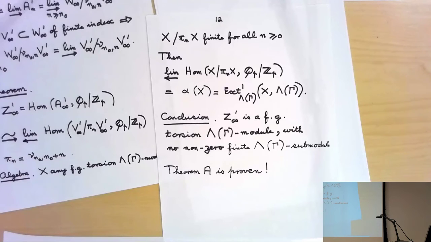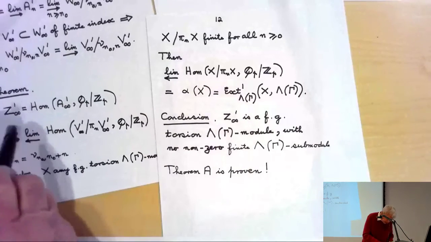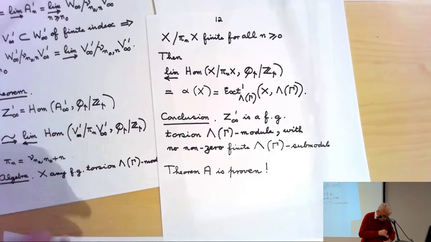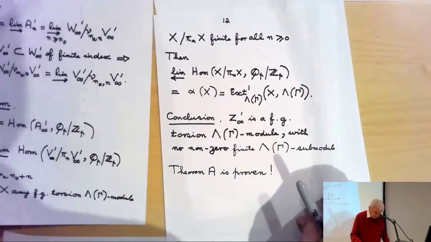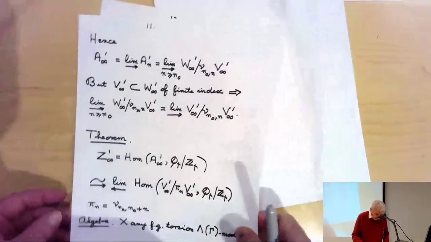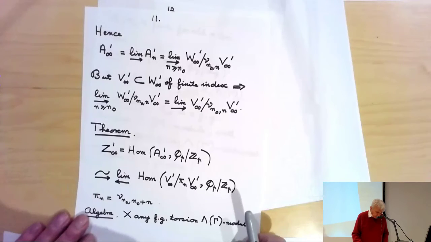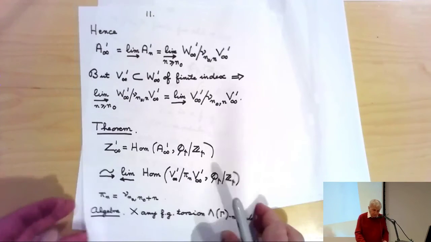Therefore we conclude that for any ZP extension, this homomorphism of A infinity prime into QP mod ZP has no finite non-zero gamma submodules. And that finishes the proof of theorem A and the proof of Iwasawa's theorem.